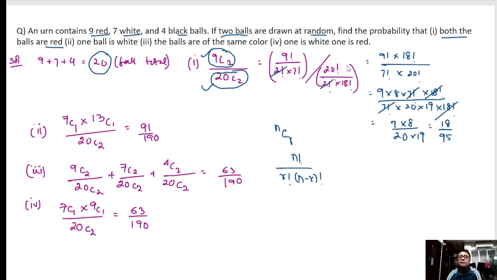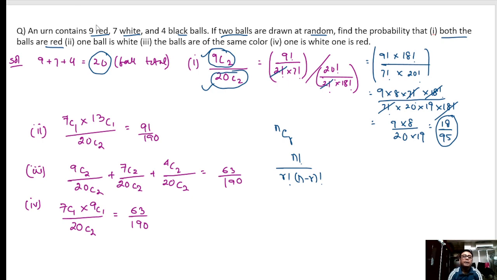Similarly, 20C2 is 20 factorial by 2 factorial into 18 factorial. So please watch one thing, 2 factorial cuts. Now 9 factorial, I can write 9 into 8 into 7 factorial, which is cutting. 20 factorial, I can write 20 into 19 into 18 factorial. This 18 factorial cuts. So remaining is this, which is 18 by 95.